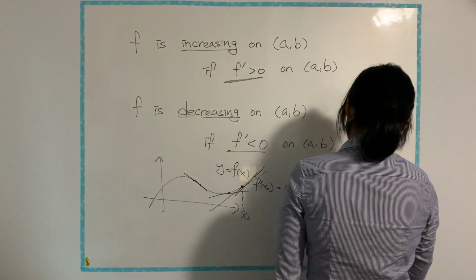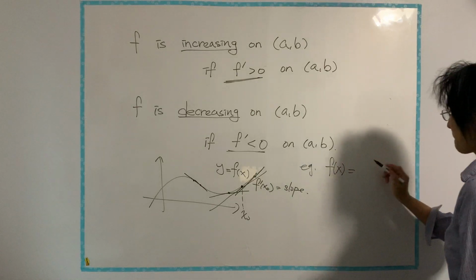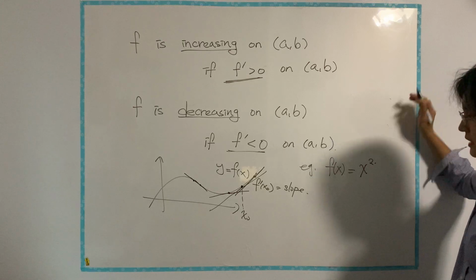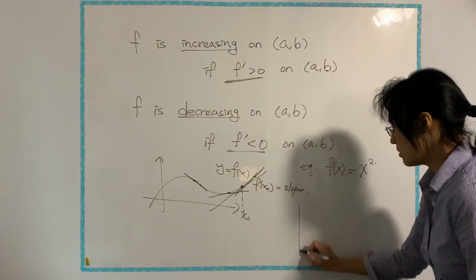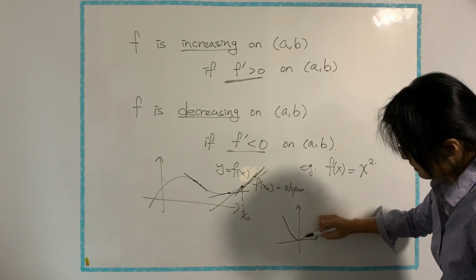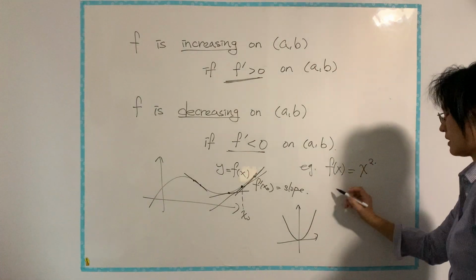If I have f of x equals x squared, okay, this is a toy example, and we know that the square function looks like this, gives you a parabola.